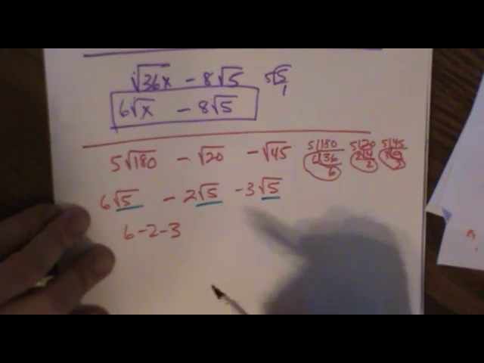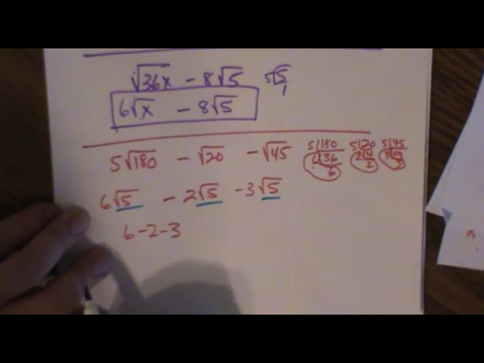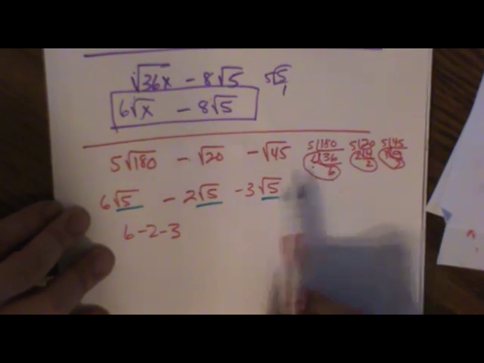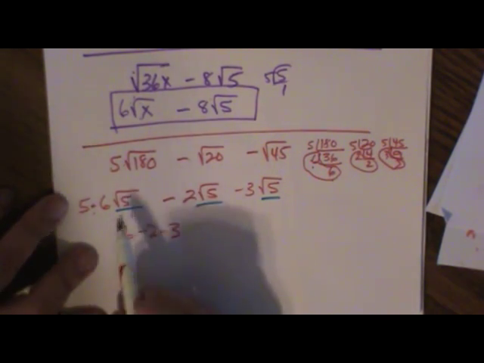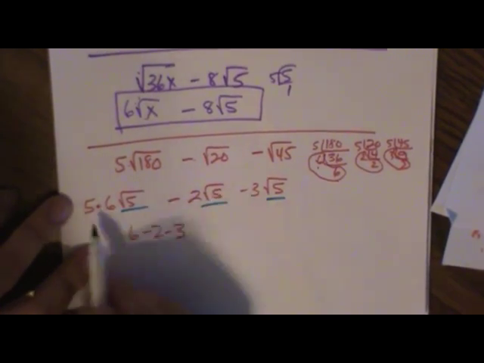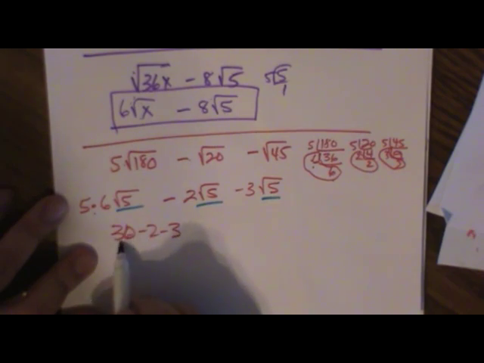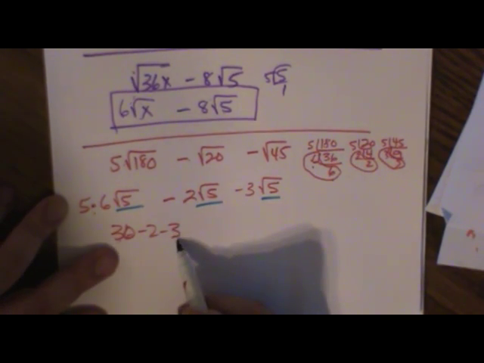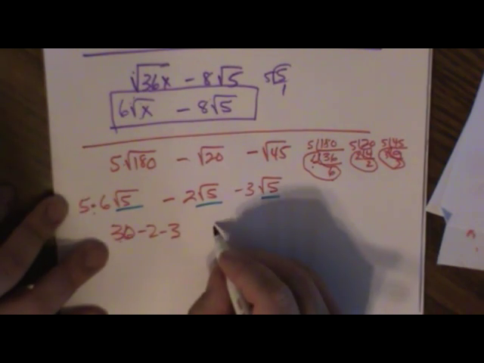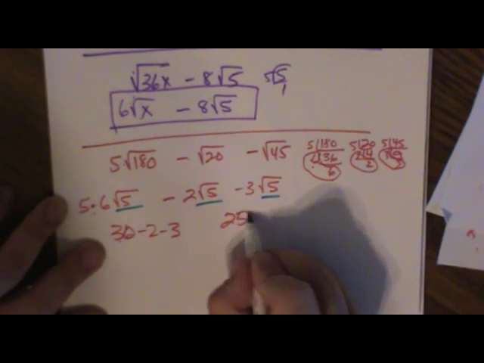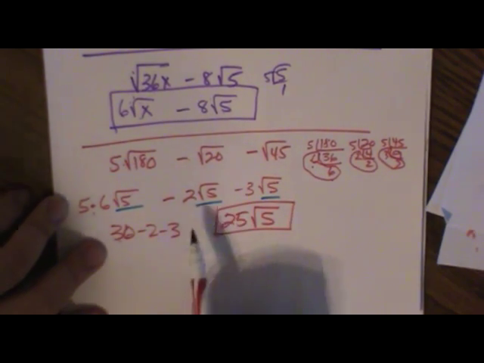Oh, yes I did. I forgot to add this one in. I pulled out a 6, but I forgot to multiply it by the 5 that was already there. So that changes our answer. We have 5 times 6 is 30. So 30 minus 2 minus 3, that's 30 minus 5, which gives us 25 square root of 5 as our answer for that one.